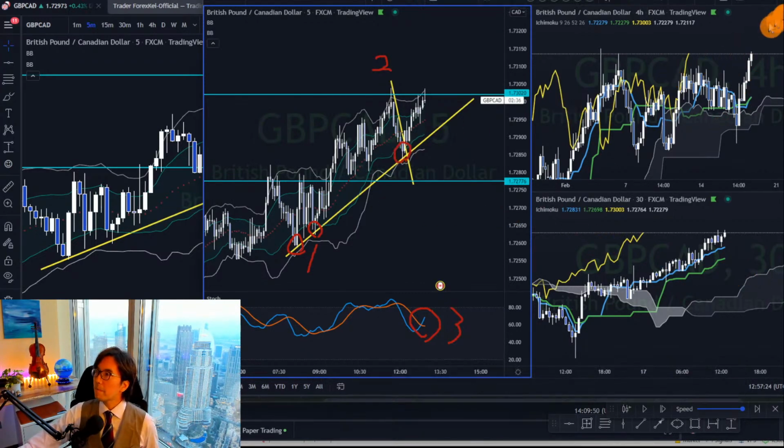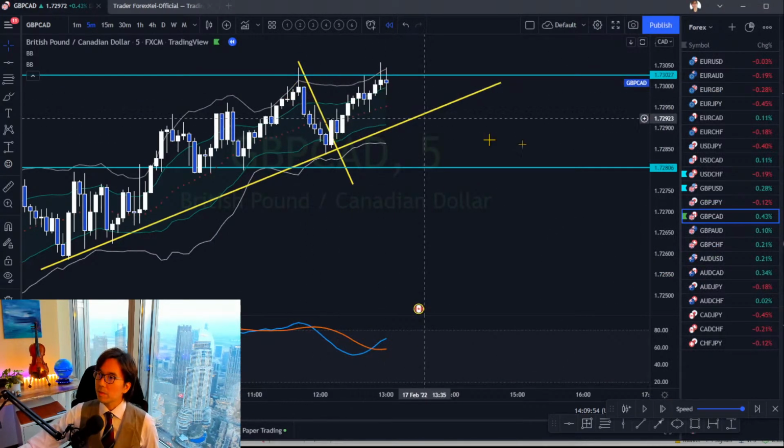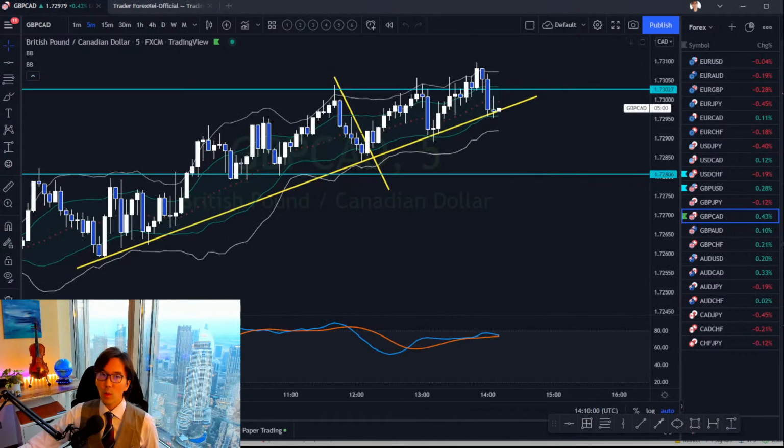And then after that, hold on, let me cancel the back test. So after that, what happened was the market went up initially. Well, first, the market retraced back, but I didn't exit because the market is still above the trend line and I expected a trend line bounce.